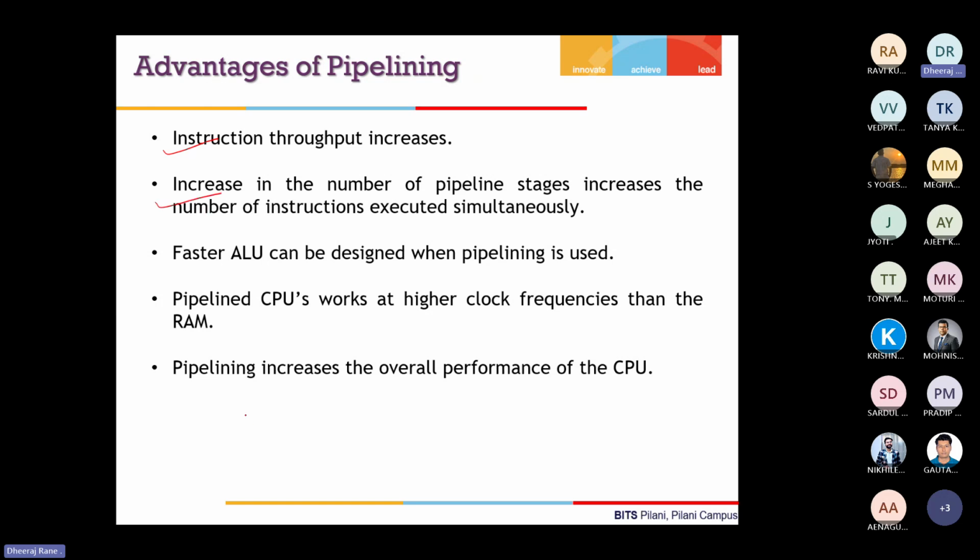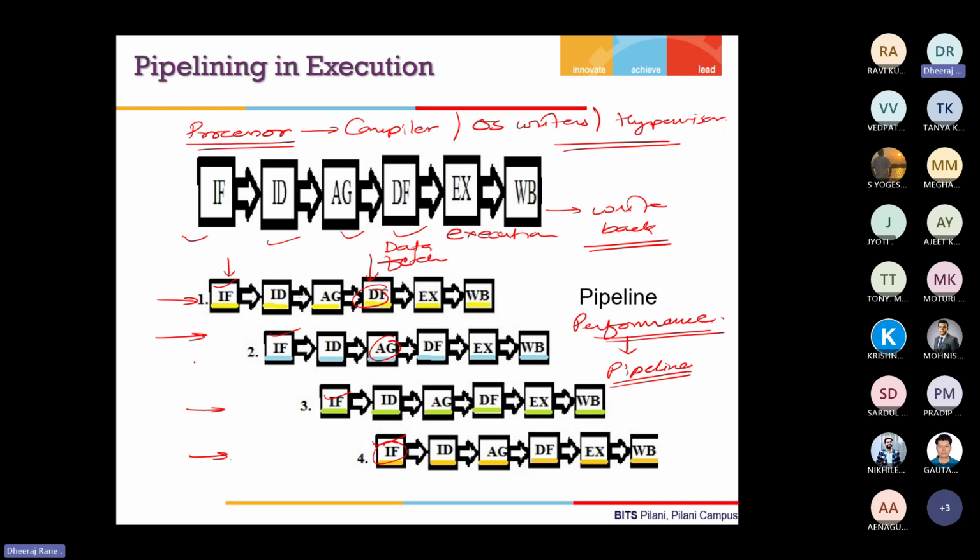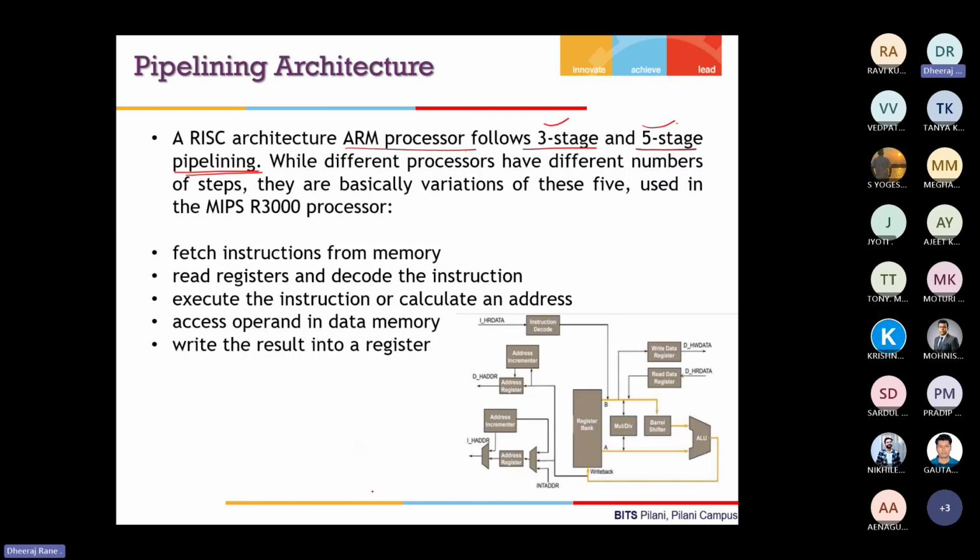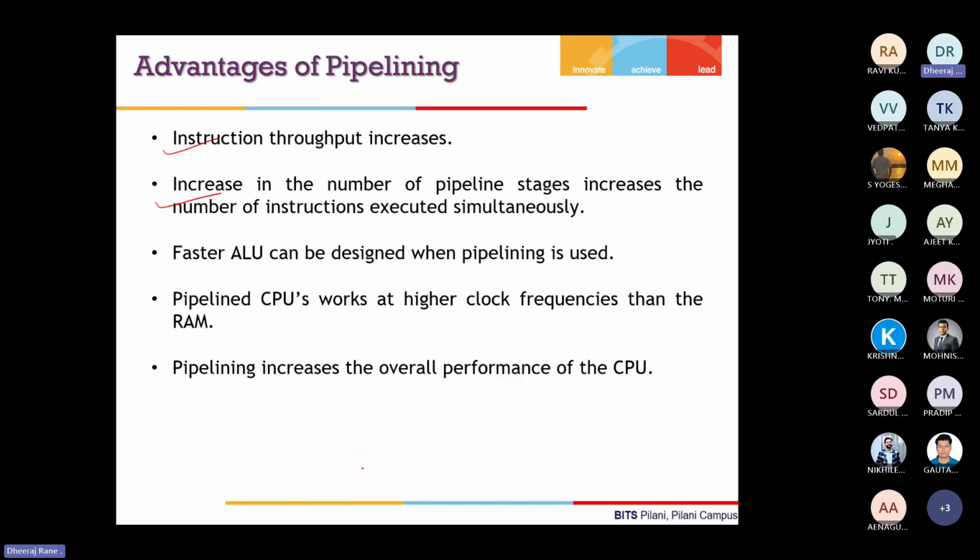If I add one more stage over here, we will call it a five-stage pipeline; there can also be a three-stage pipeline. So if we increase the number of pipeline stages, we can have more instructions executed.